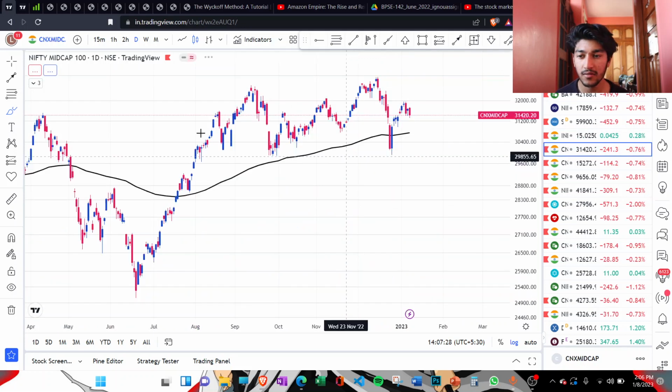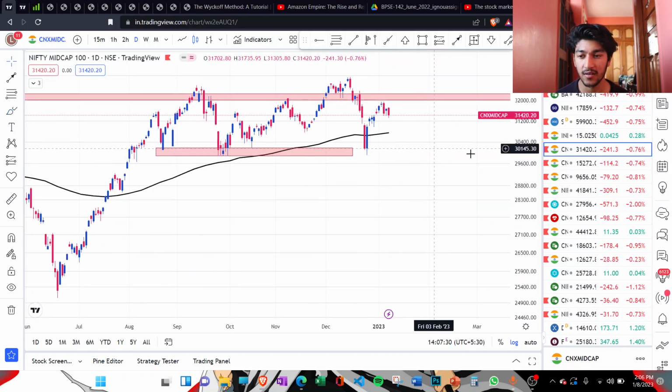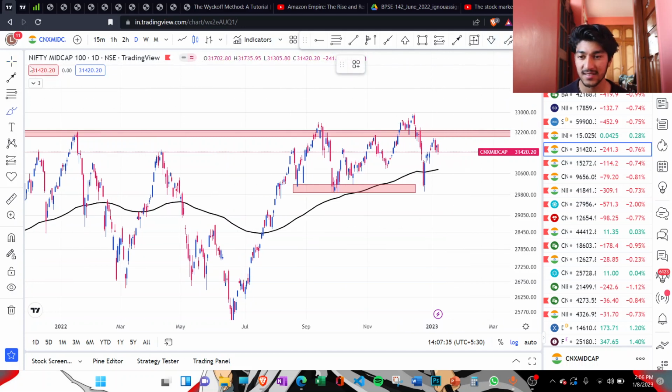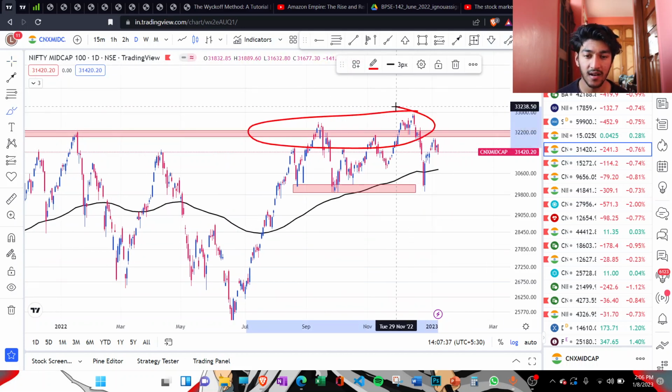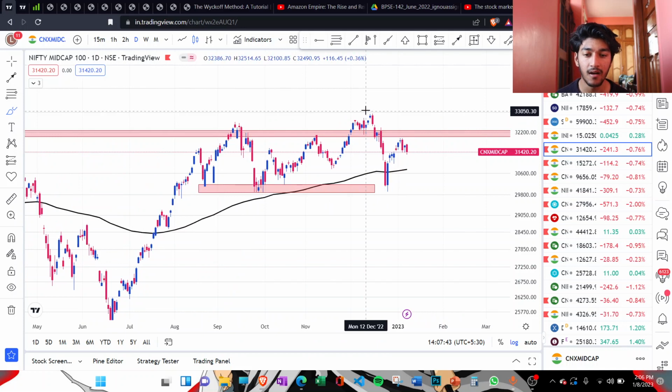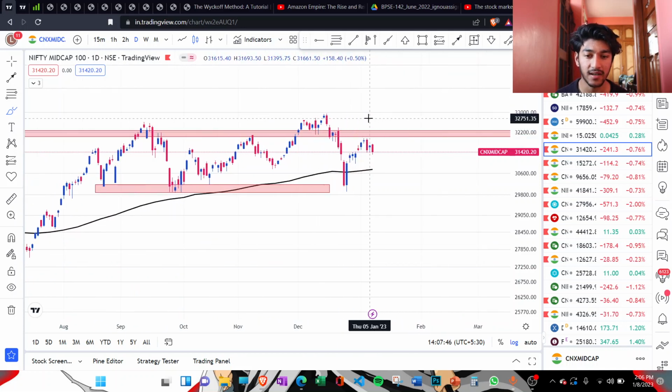But if we look at the mid caps and the small caps, they're not really performing that well. This is the Midcap 100 index. It tried to cross the previous resistance, a very strong resistance that was formed back in November 2021. It tried to cross this level twice, but again it fell. So currently it's moving in this range.